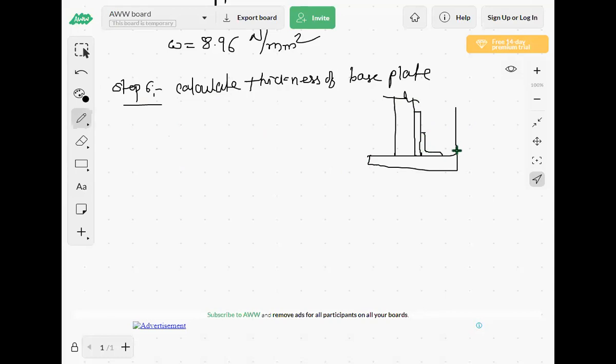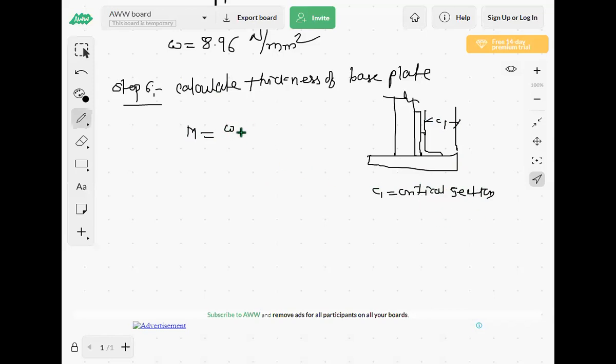From this space, C1 distance will be there. C1 is nothing but the critical section. It means the bending moment will occur here maximum, and the connection or section will fail here.